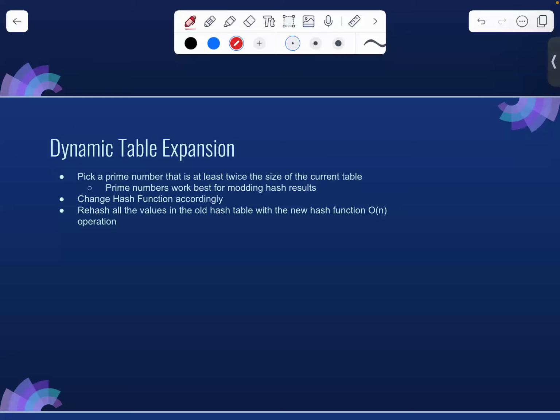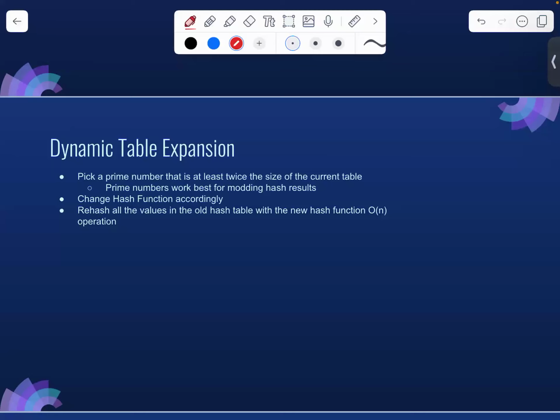In that case, you mod your hash value by your table size to be able to insert into the table, and this works best with prime numbers. So you pick a prime number that's at least twice the size of your array, and you change your array size to that size. Then you change your hash function accordingly. And then after that, you rehash all the values.